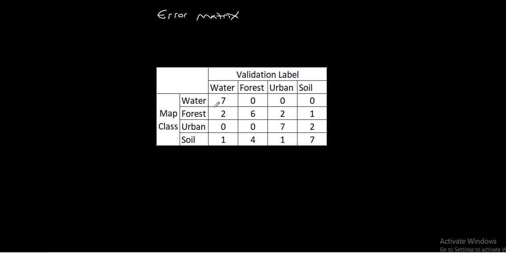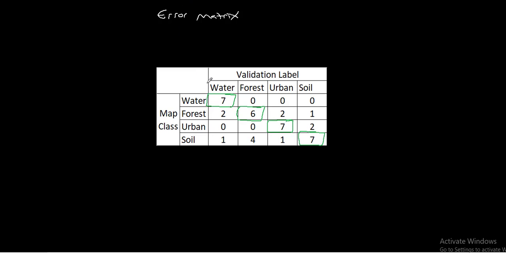And so what I want to do here is draw your attention to something. In the previous video, when we were setting up this error matrix, we said that this cell right here were the data that we had called water, that the map also called water. And what I want to draw your attention to is the fact that these diagonal values are the times that the model got right. Okay?